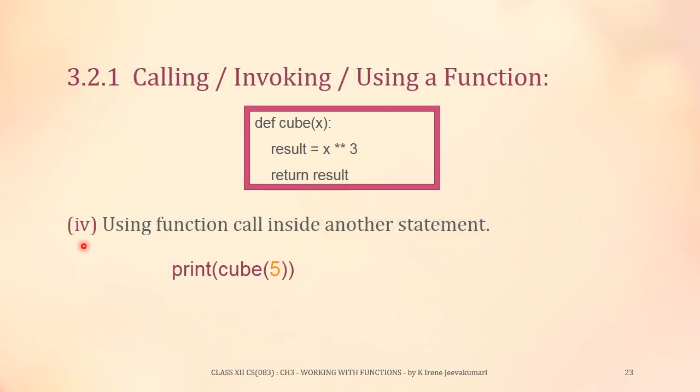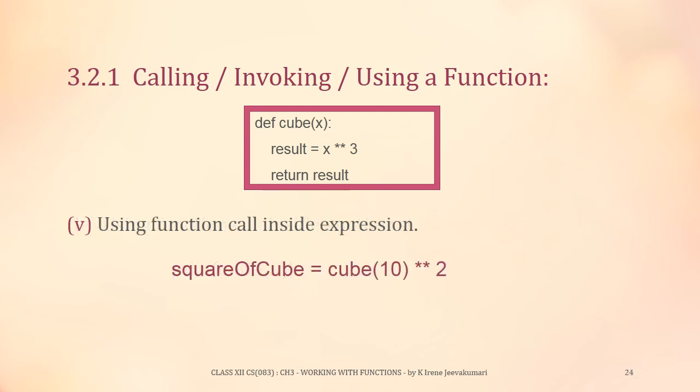The fourth method, using function call inside another statement. So here the function called cube of 5 is used inside the print statement. So in this way also function call can be used. The fifth method, using function call inside an expression.